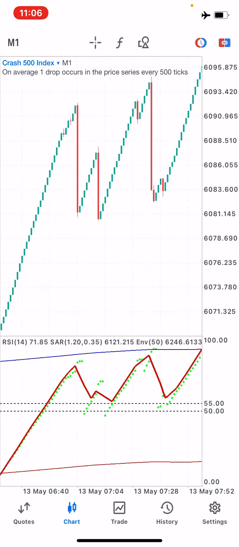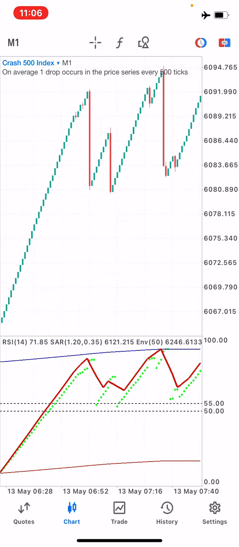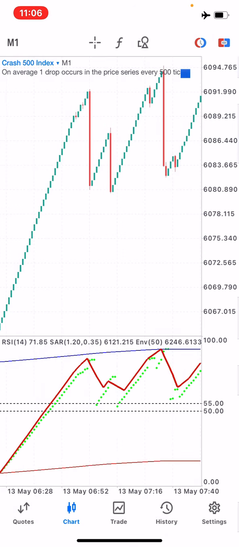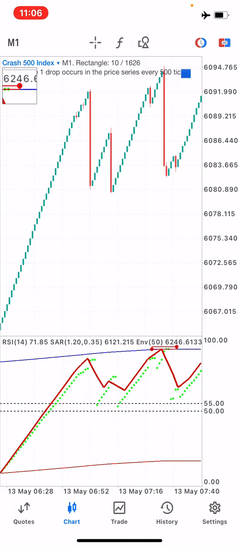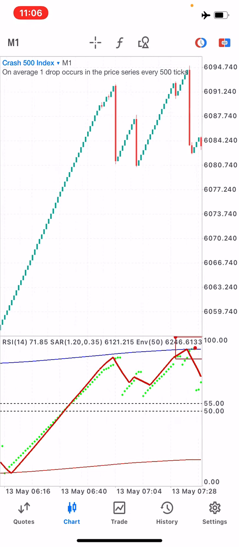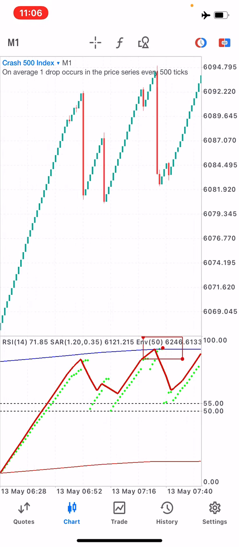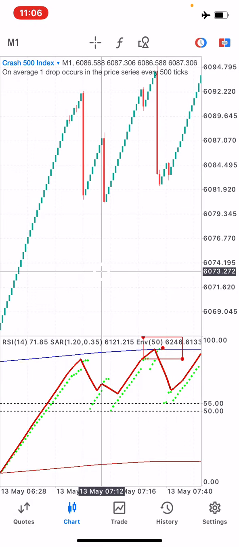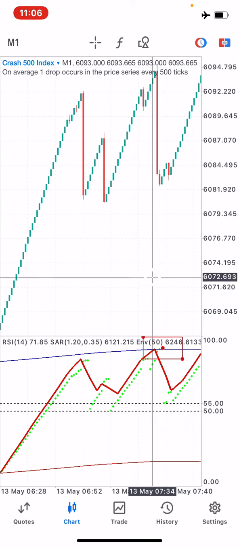Let's take a look at another scenario. So can you see? This is what happened right here. And then we had this spike right at the top.